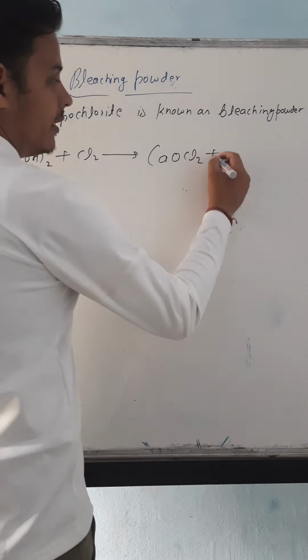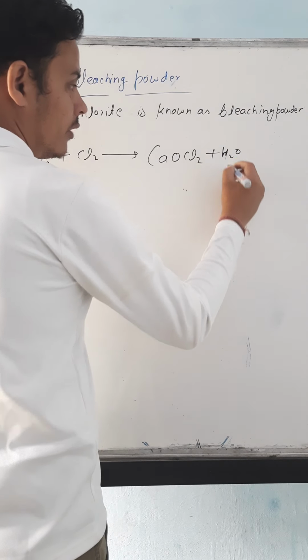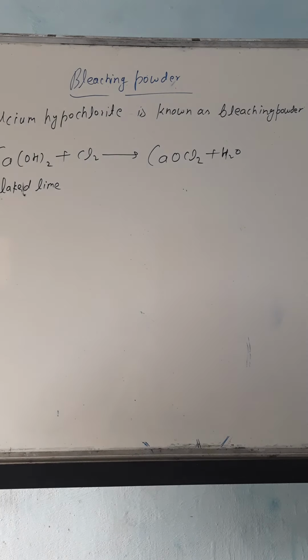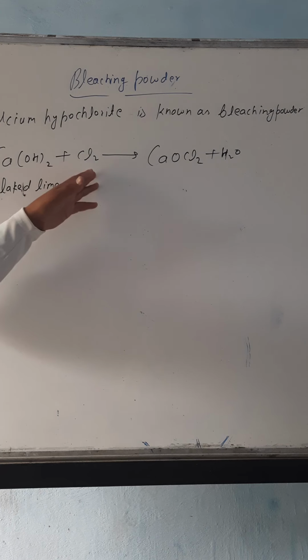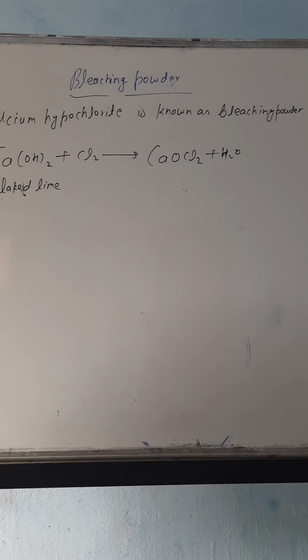And the other product will be water. Are you getting this? So these two things we get when we pass chlorine gas through the slaked lime. This is how we get bleaching powder.